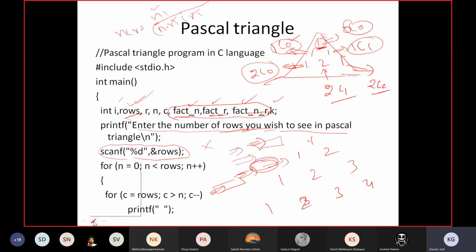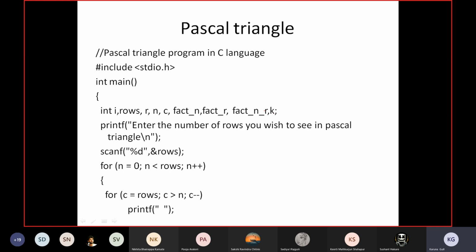Now look at this. How many loops? Make it fast, students. Again you are going ahead with nesting, correct?